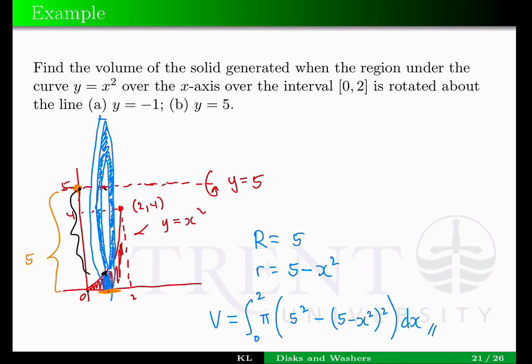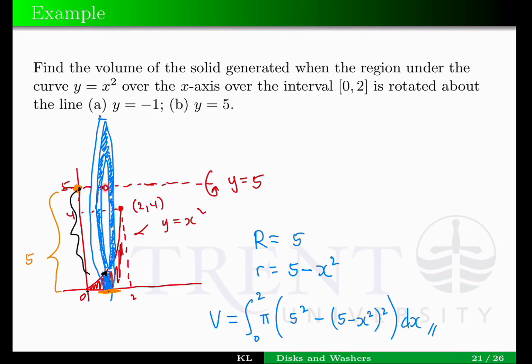So again, just the setup. It is crucial to know what the bigger radius and the smaller radius are. Of course, this is not to scale. You won't see it at the center, but the radius is from the axis of revolution going to that part there.